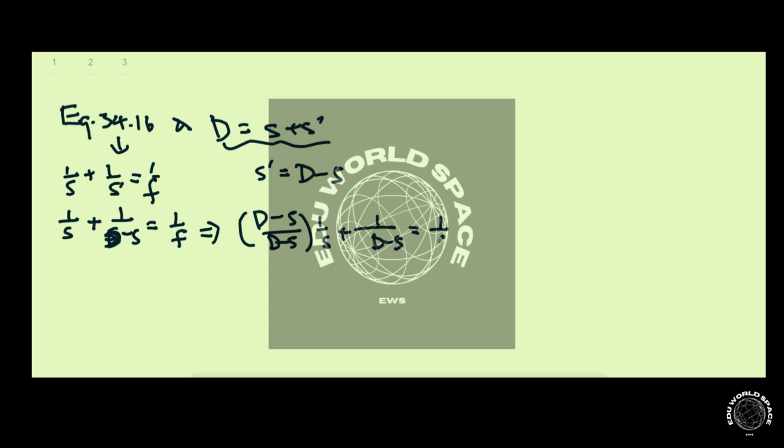And that's equal to 1 over f. And this side, I have to multiply by s over s, which I forgot there. Okay. So now I have d minus s plus s over ds minus s squared. That's equal to 1 over f.